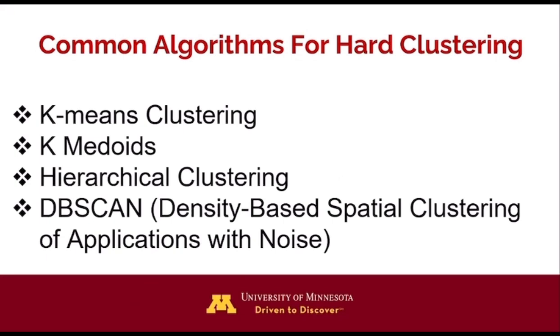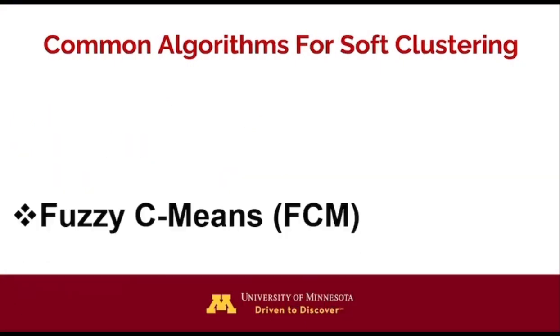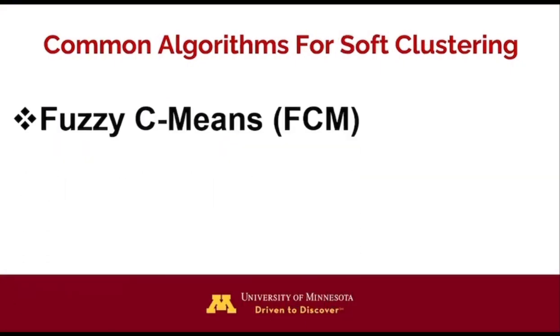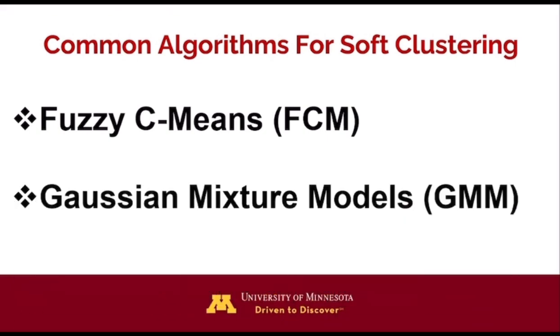And don't forget what hard clustering means: an object can only be in one cluster at a time. There's nothing like probabilistic assignment. We also have common algorithms for soft clustering, like fuzzy C-means and Gaussian mixture models.